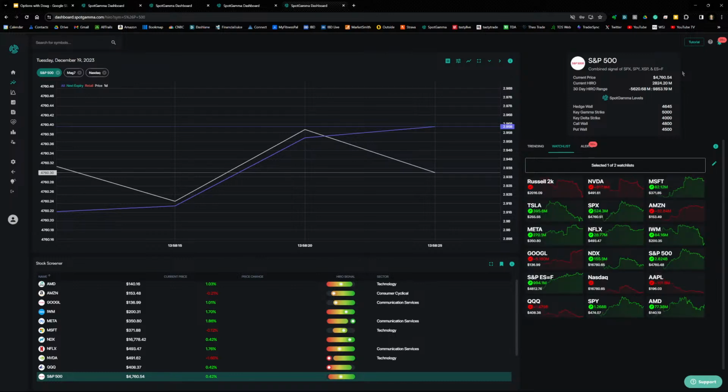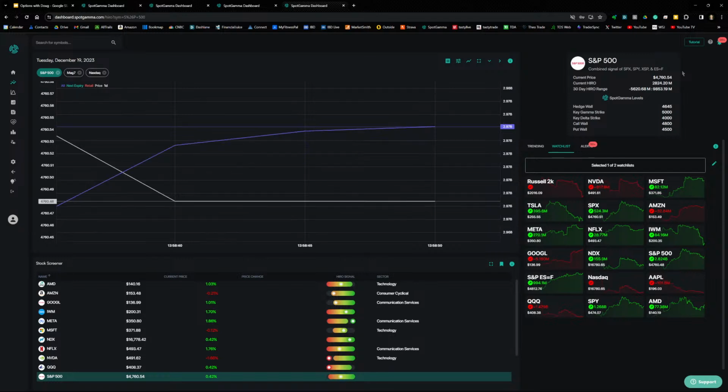And in Apple stock, for example, when traders buy and sell options in Apple stock, market makers will buy and sell Apple stock to hedge their delta exposure.